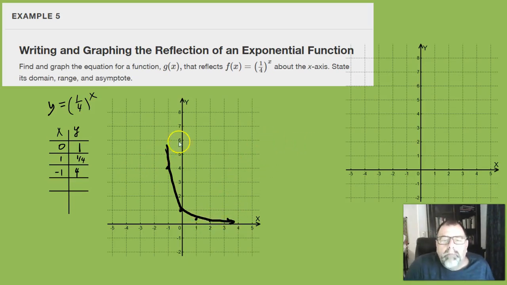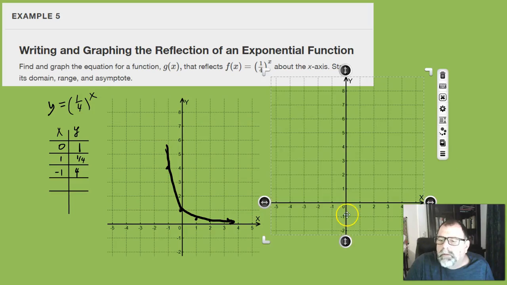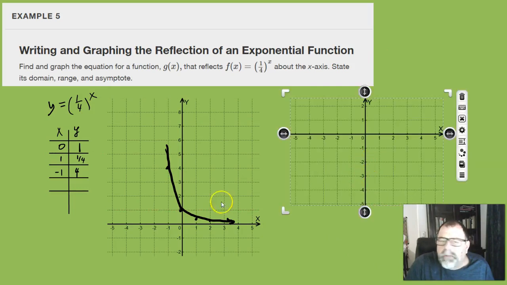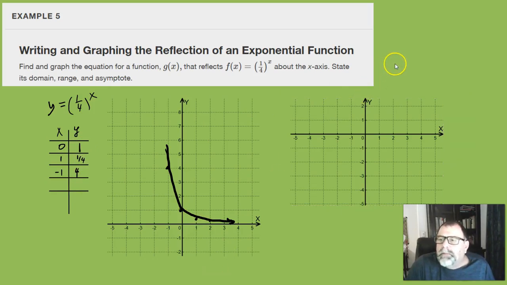And then we're going to flip it about the x-axis. Right? So what we want to do, we're going to flip it upside down. So all these points are going to become times -1. So g of x is going to be -1/4 to the x.